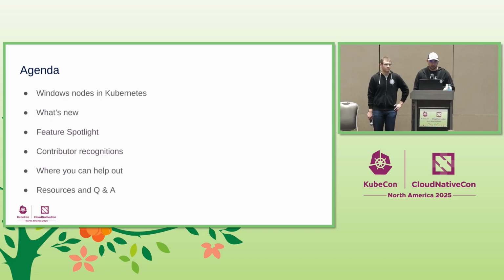We're going over the contributors, and most important, we're going to point out how you can help in the community to make open source a better world on the Windows side of the house. At the end, we're going to have some time for questions, and we're going to share the resources that we're going to be reviewing today.